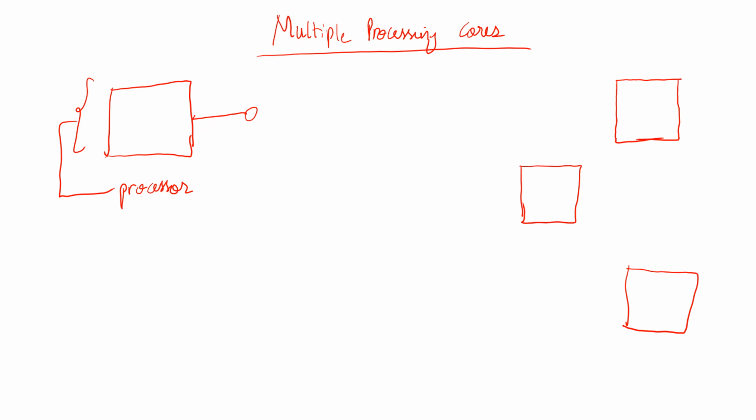Each of these squares represents a processor. Let's name them as 1, 2 and 3. So what multiple processing cores means is that there are multiple individual processors, that is 1, 2 and 3.